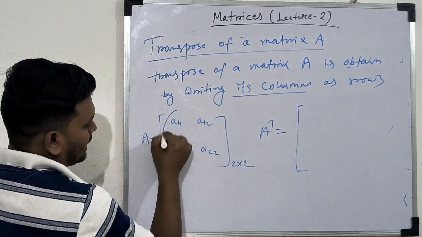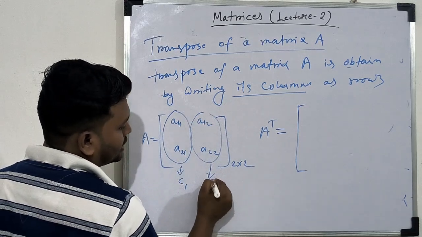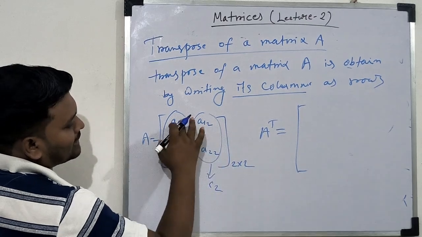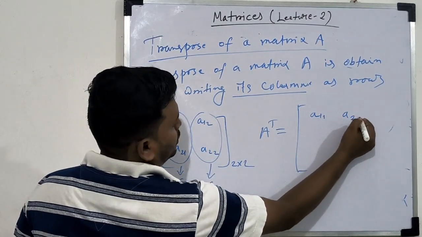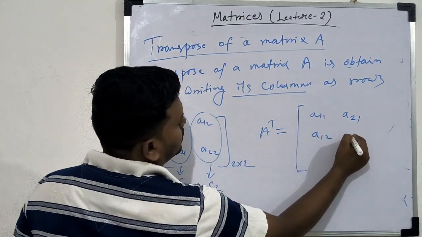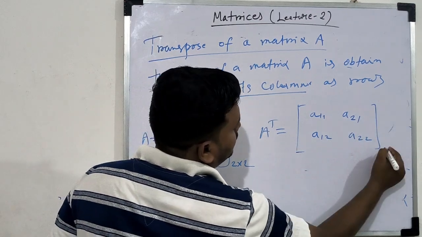This is C1 and this is C2, the first column and second column. To find the transpose, we write C1 as R1, that is A11, A21, and C2 as R2, that is A12, A22. So this is the transpose.